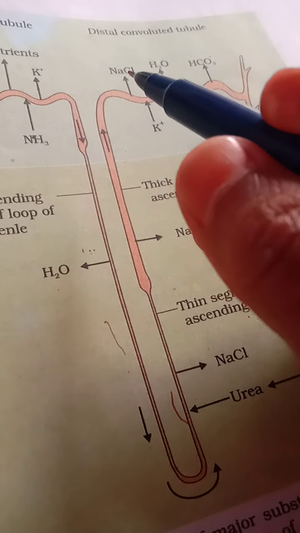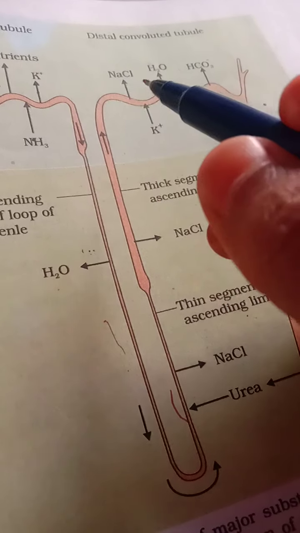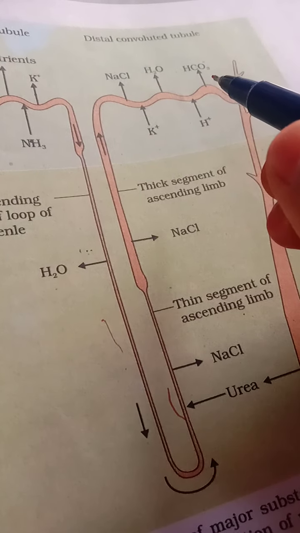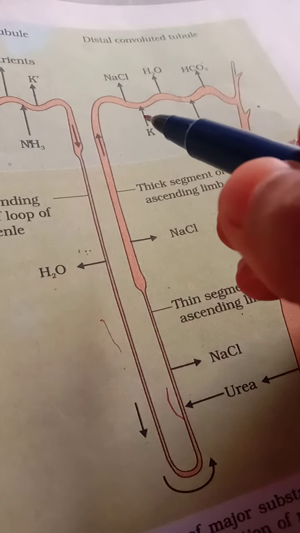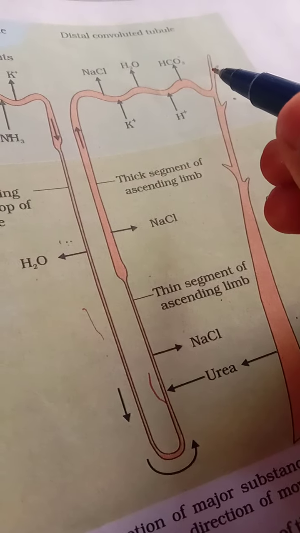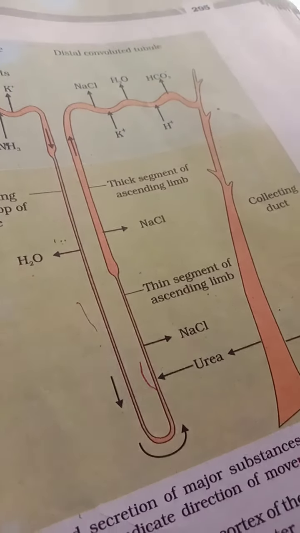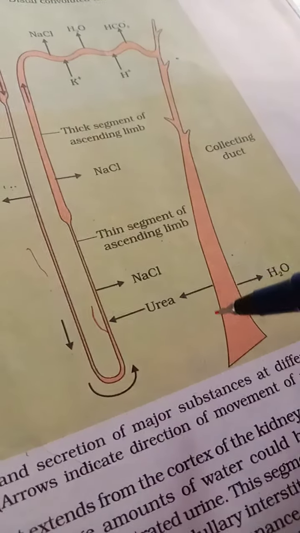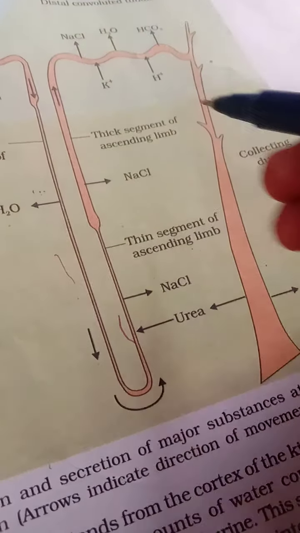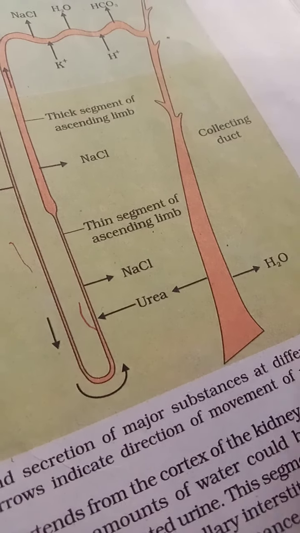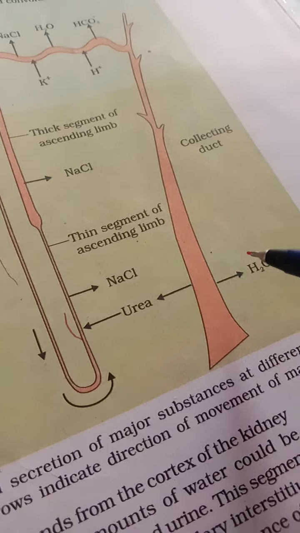Now DCT reabsorbs sodium chloride, water and bicarbonates, but it secretes K plus and H plus. And this is the collecting duct. It extends from the cortex to the medulla and it reabsorbs more water.